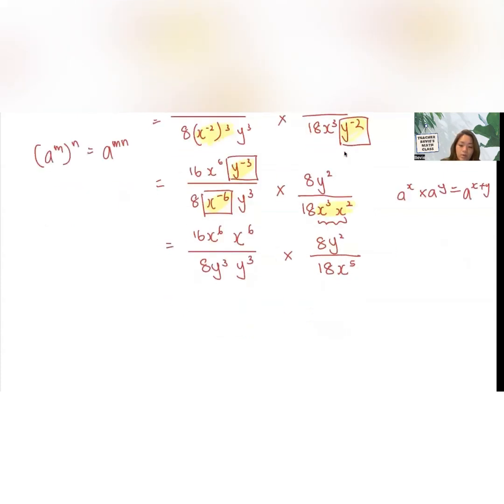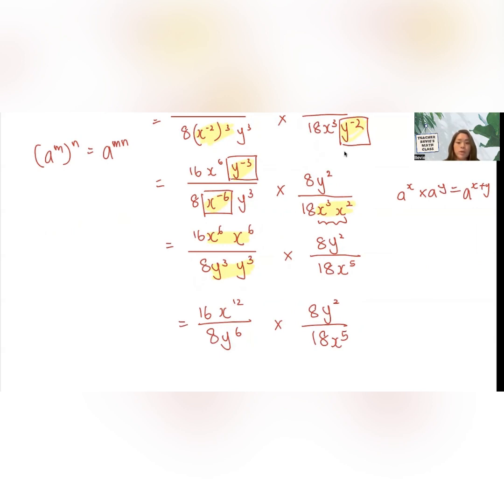All right, okay, so from here, same thing. I can combine this one and this one using the same law that I explained earlier. So that is 16x^12, 6 plus 6 is a 12, over y^6, 3 plus 3 is a 6, times 8y squared over 18x^5. So if you take a look at this whole expression, I actually have all terms in positive index notation already.